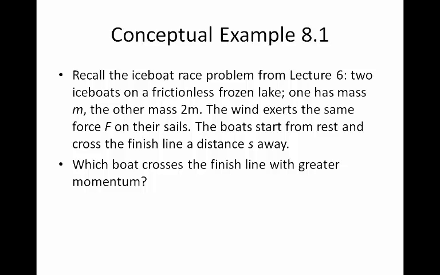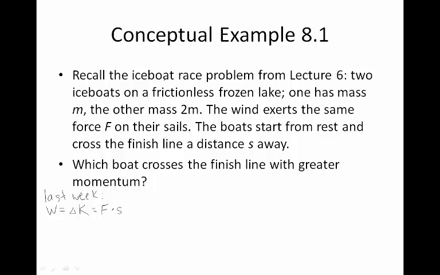Just to remind you what we did last week, we wanted to know which boat crossed the finish line with more kinetic energy. That part was a little tricky until we remembered the work energy theorem. Work is equal to the change in kinetic energy, and work was also defined as force dotted with some distance.